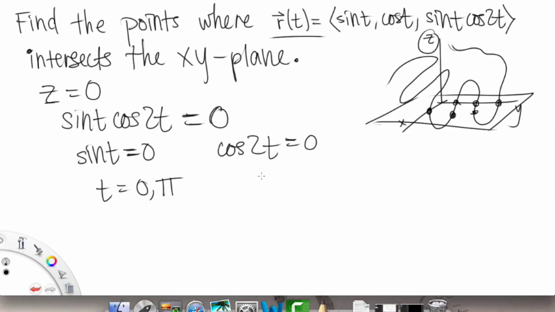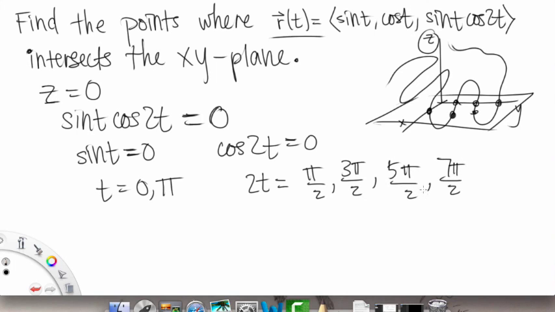Then for cosine, 2t is equal to pi over 2, 3 pi over 2, and we can continue a couple more, 5 pi over 2 and 7 pi over 2.